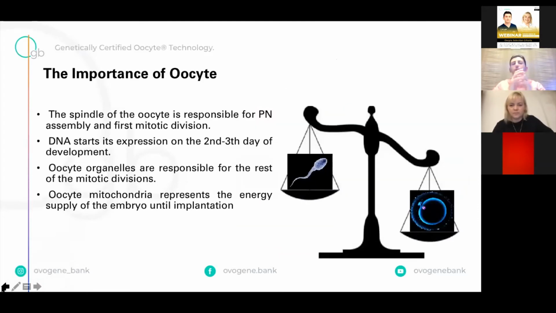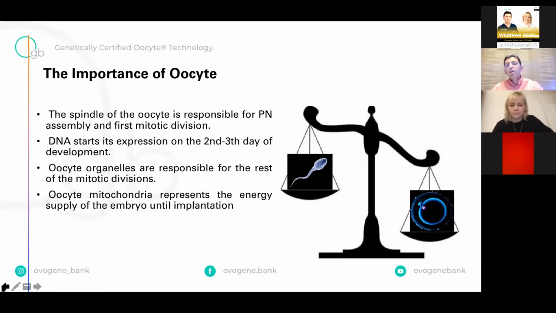Mainly for the oocyte, what is the importance? The spindle of the oocyte is responsible for pronucleus assembly and the first meiotic division. So from that point, we try to determine, before the vitrification, the exact location and also the quality of the meiotic spindle.